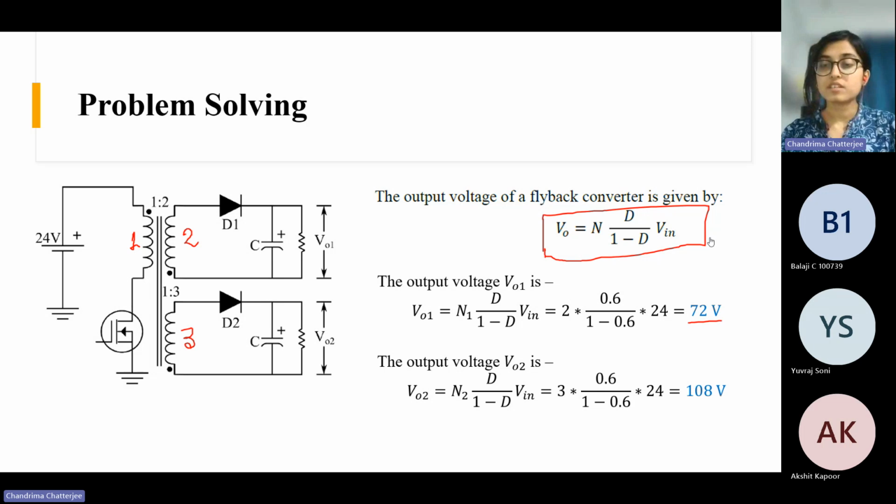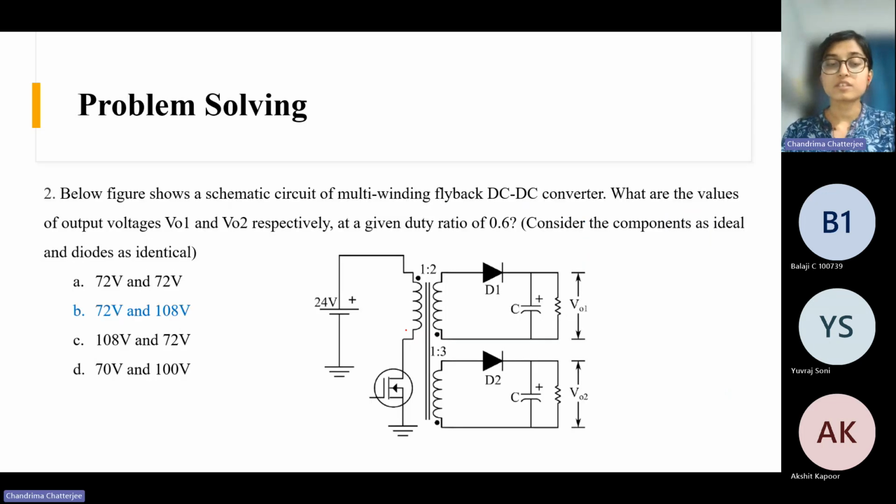This value is 108 volt. So what would be the correct option? The correct option is option B, 72 volt and 108 volt.